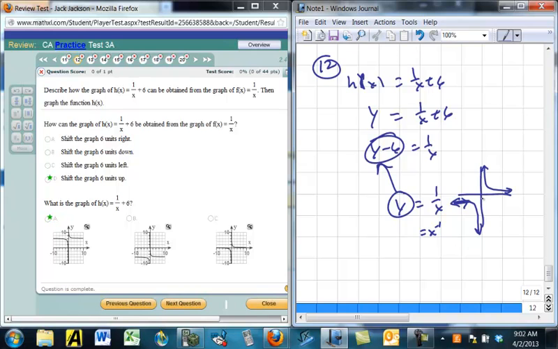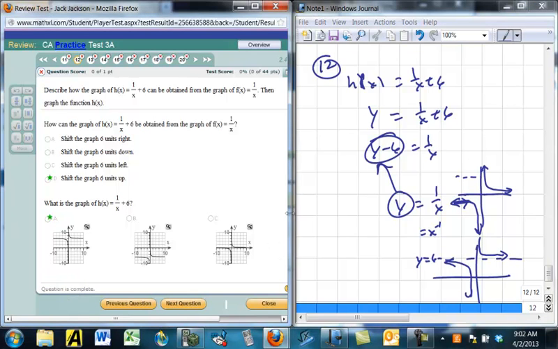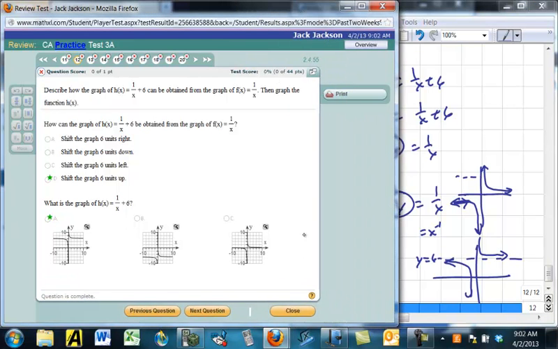And if we just shift it up 6, then this horizontal asymptote now is going to be up at y equals 6, and then it's going to be here and here, kind of like that. So if you look over here at the possibilities, looks like A is the correct one there. C is more like the original one, 1 over x, and B is shifting the wrong direction.